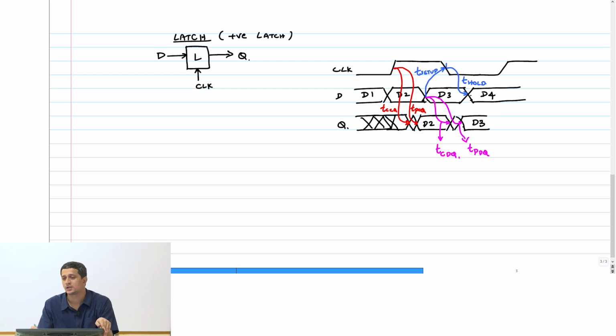The change to D4, what should happen there? It will not go through because now the latch is opaque, right? So I will also indicate here the latch is transparent. Latch is opaque.